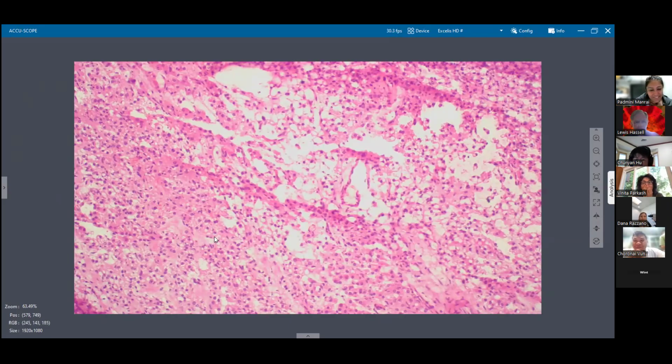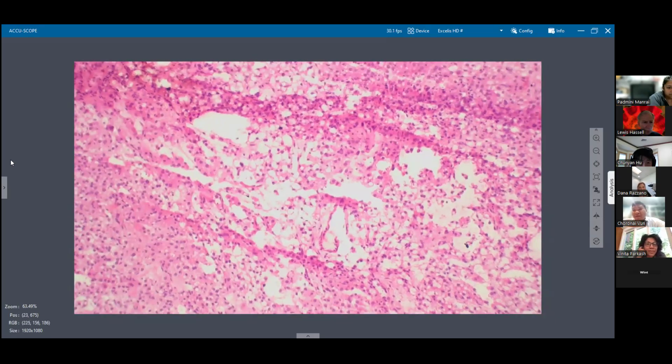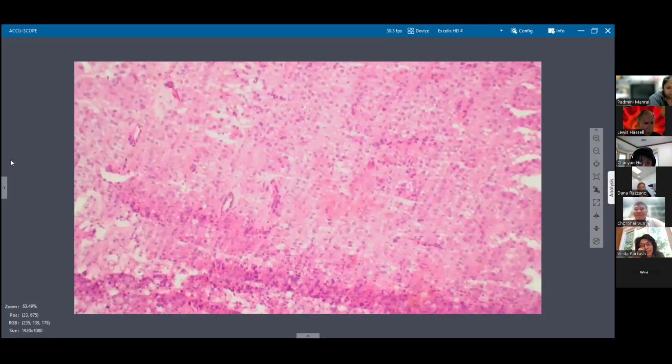Okay. I think the background is a proliferative small group of cells with a loose stroma. I think it's a benign lesion.